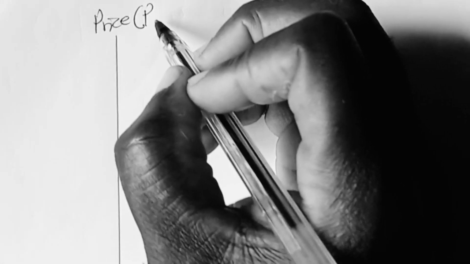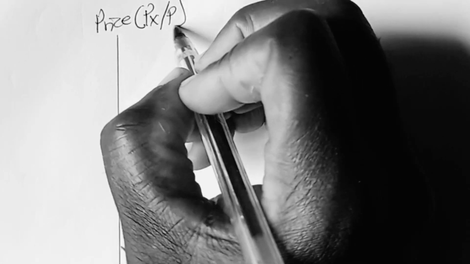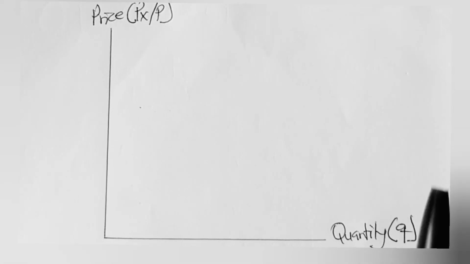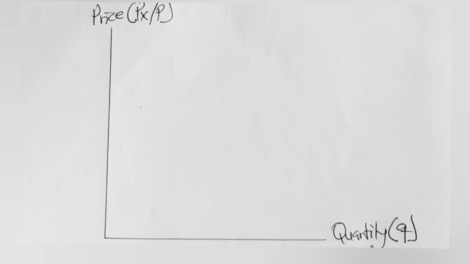The y-axis represents price, which is normally represented as Px or P. And our quantity is always on the x-axis, which is represented as Q. Remember that price is always on the y-axis and quantity is always on the x-axis.